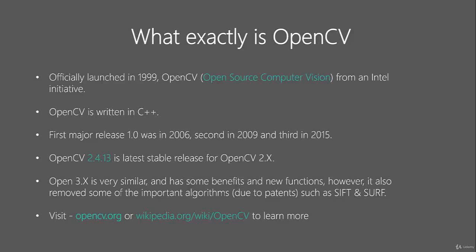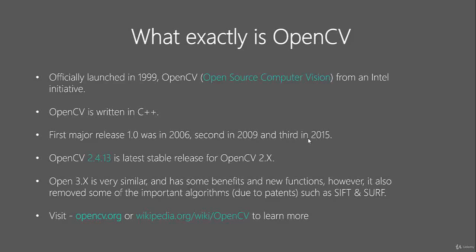However, using it in Python allows us to easily grasp complex concepts and use NumPy, which is a powerful data array tool in Python. So the first major release of OpenCV was actually in 2006, and the second in 2009, and third just last year in 2015.